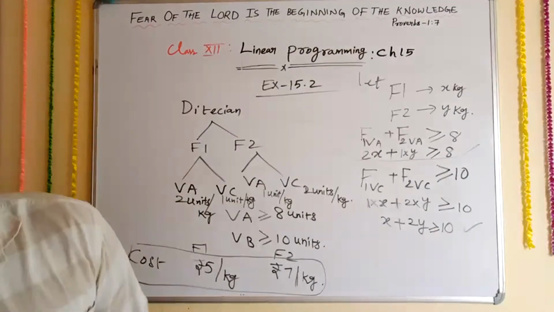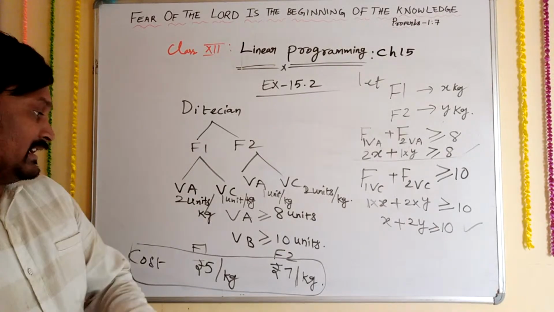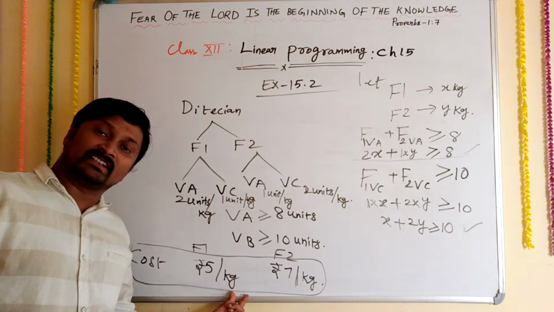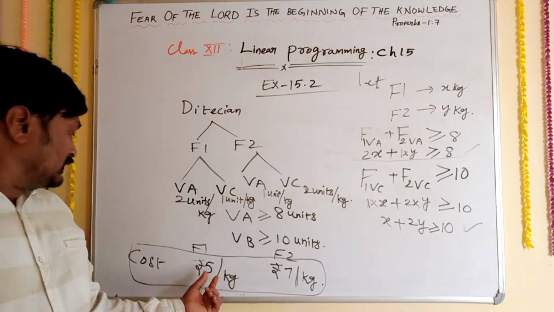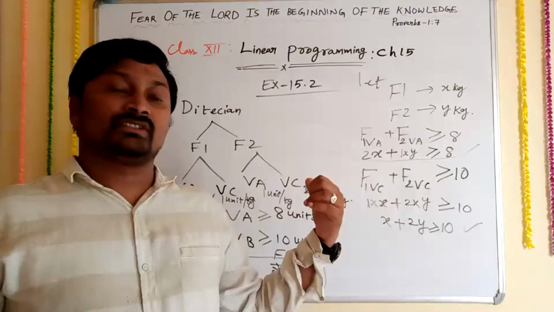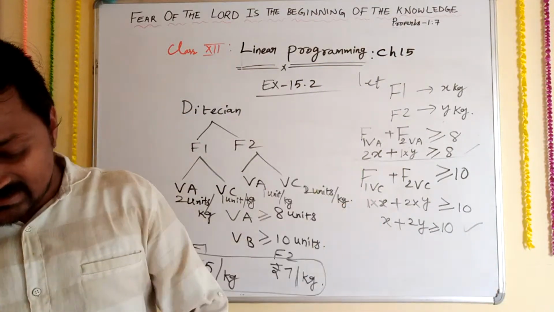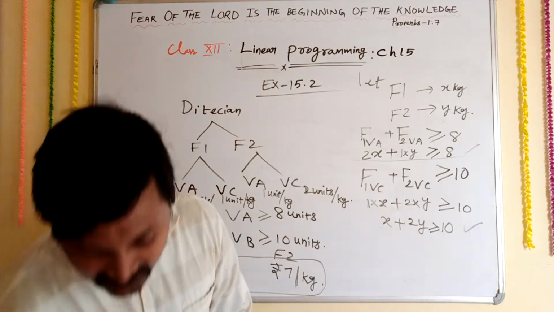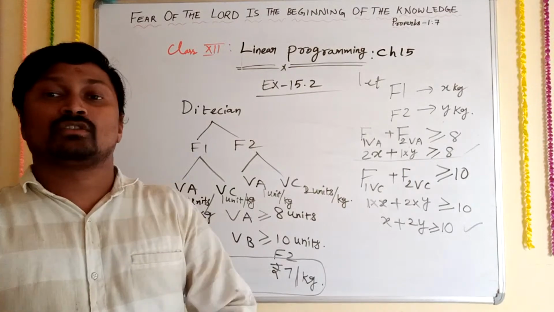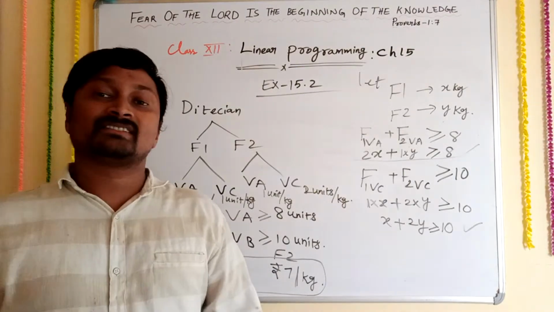So now we are going to the third equation, that is our objective function. We need this cost as our objective here. So what is our aim, maximize the cost or minimize? Here they asked you to minimize the cost. In your question they said minimize the cost.